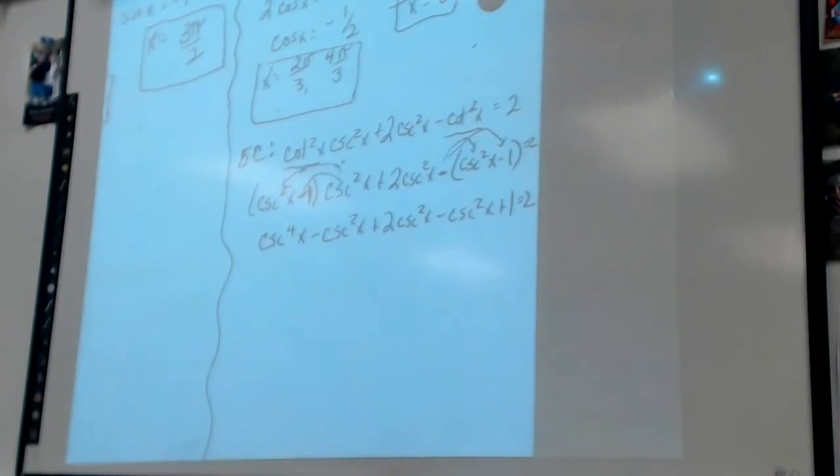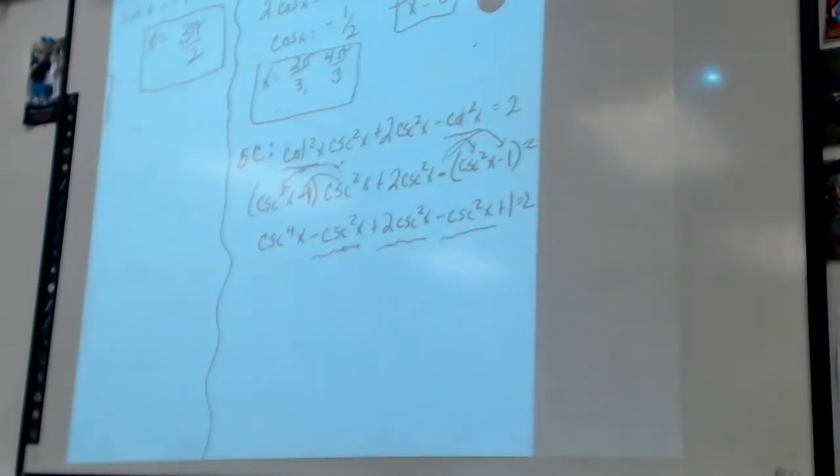So now I need to do some combining. I've got negative cosecant squared x plus 2 cosecant squared x minus cosecant squared x. You're actually right, because there's 2 positive and 2 negative.